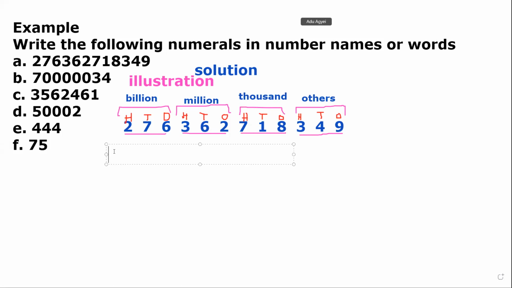We have the 276 billion plus 362 million plus 718 thousand plus 349. Okay.